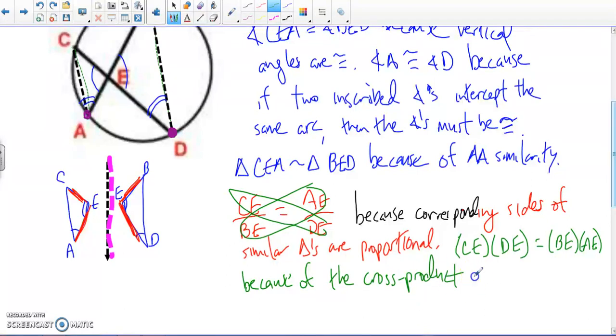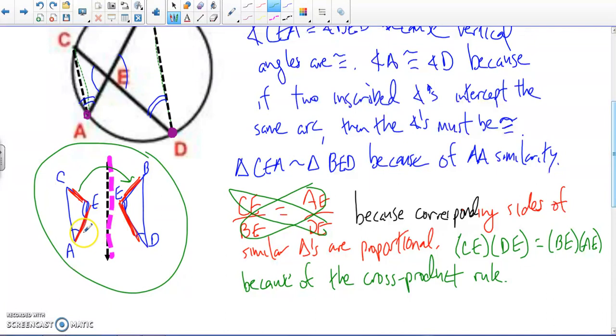All right, so you may not remember all those steps. We haven't done one of these proofs in a while, but what you should hopefully remember are your similar triangle rules. You need to find which sides correspond. So CE corresponds to BE, EA corresponds to ED, and that's how we set up our proportion right here.